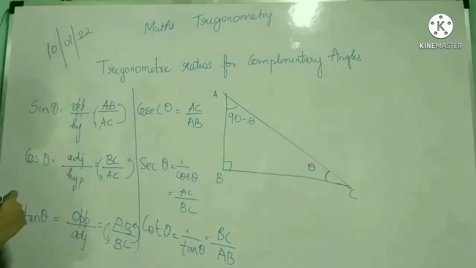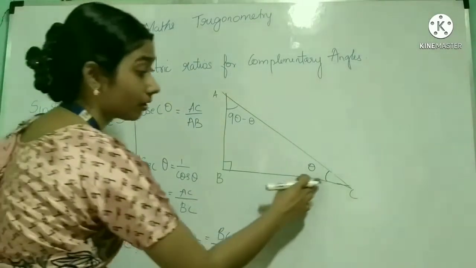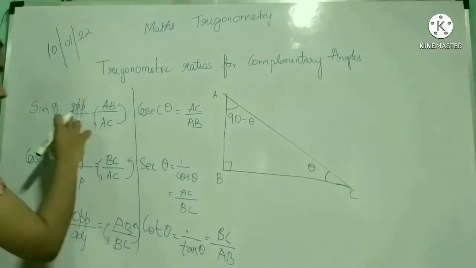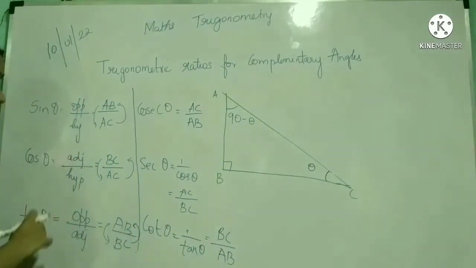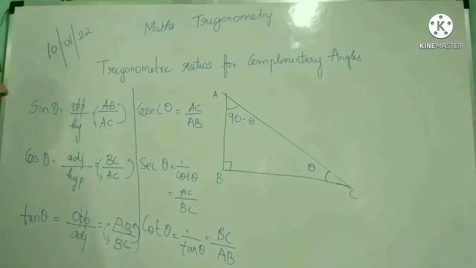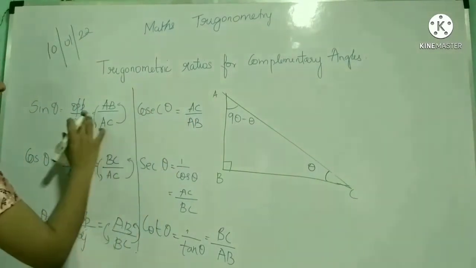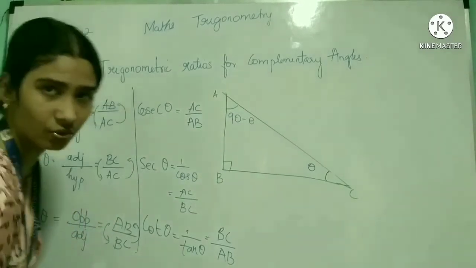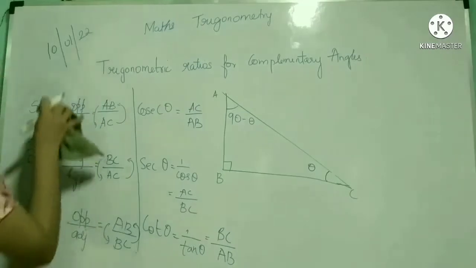Okay? Now what have we done? For theta we took sin theta, cos theta, tan theta, cosecant theta, secant theta and cot theta. We just want the values. So I'll erase the opposite and the rest and write all the 6 together. Okay? All the 6 together.